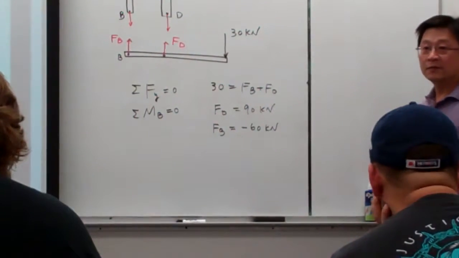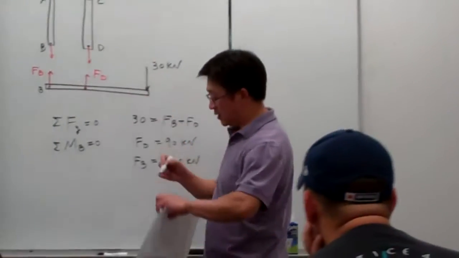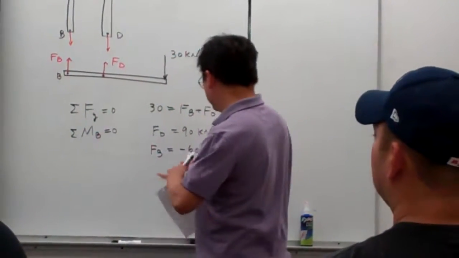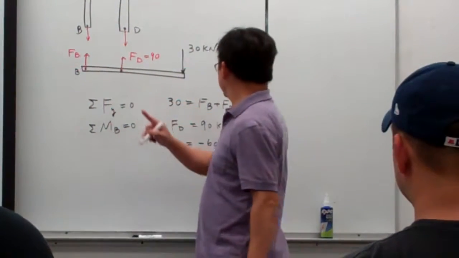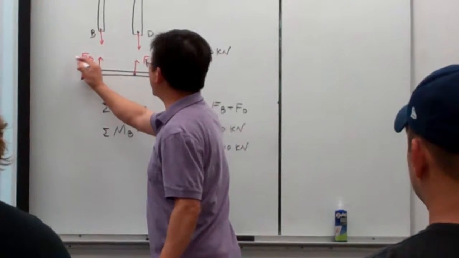So let me copy the information here. FD equals 90, and FB equals minus 60.